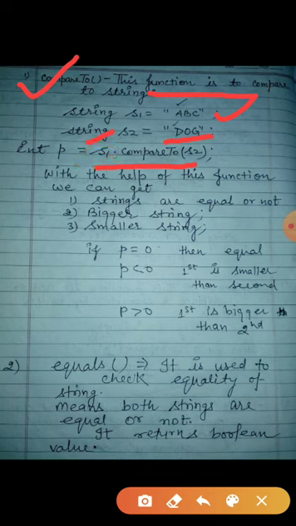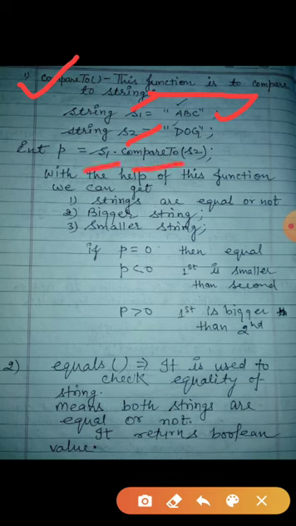When you write S2 dot compareTo S1, that time S2 will be the first one. Clear? Here you will write the second string. It's your wish, you can use anyone as first or second. It's not a problem. So here I have taken two strings, S1 and S2.